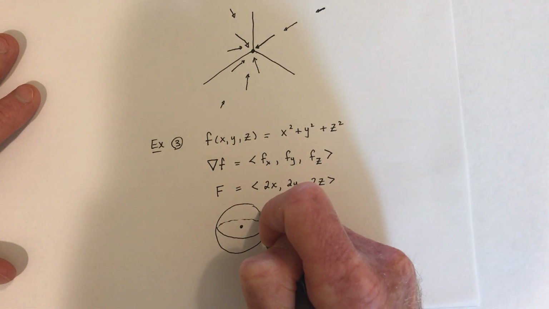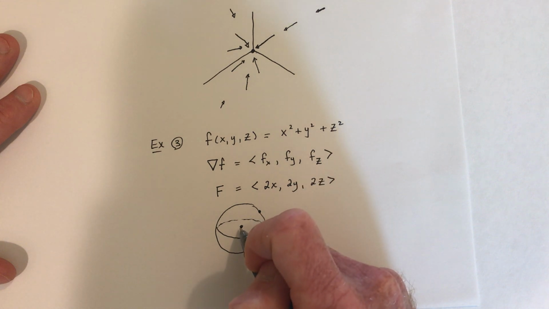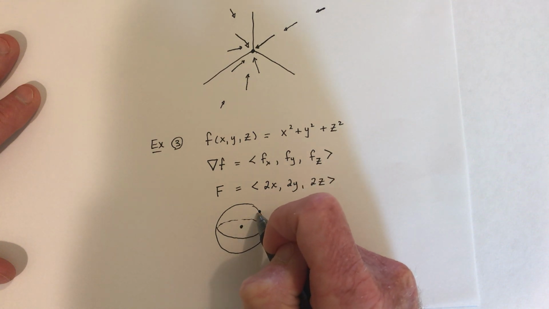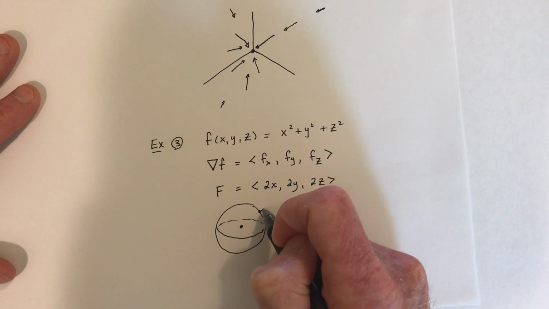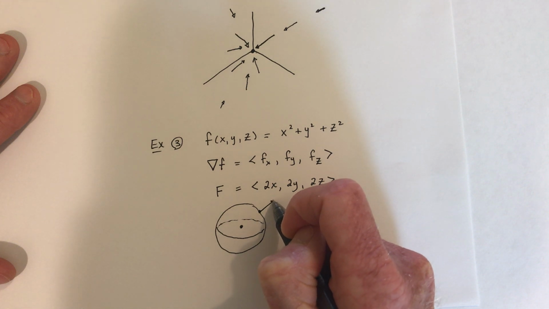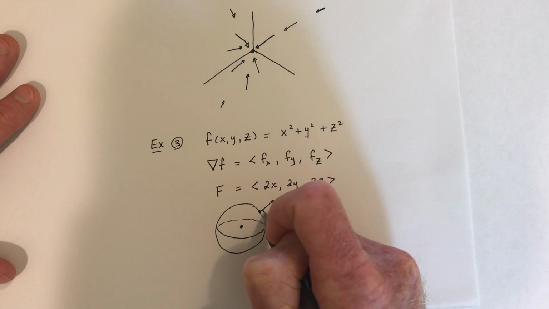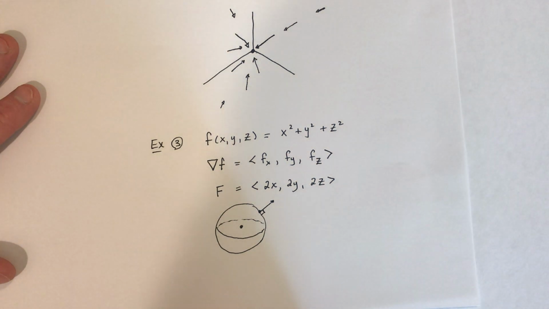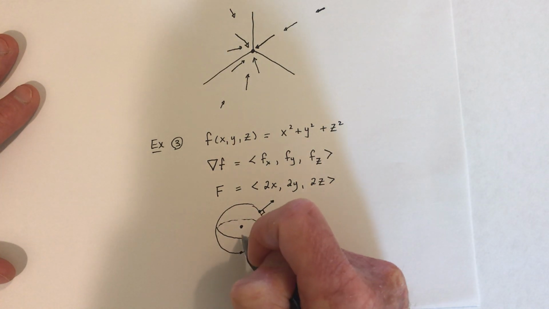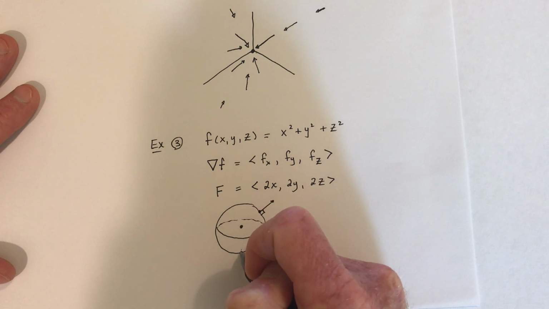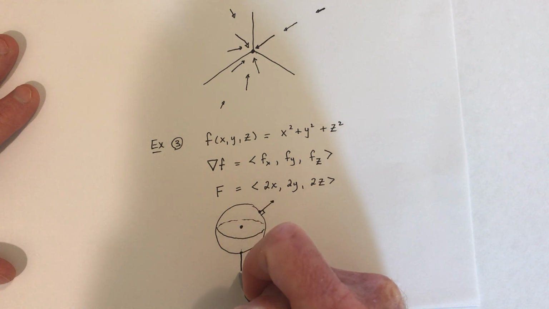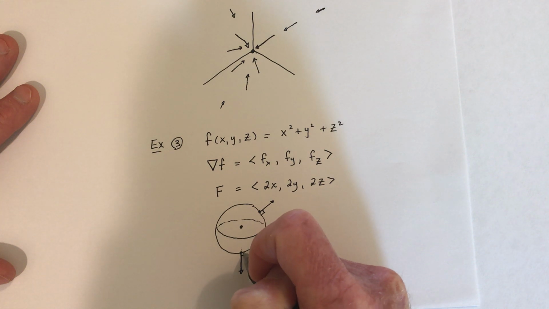So if you're at some point right here, then the vector is going to go in this direction, but it's going to start at this point, so it's going to go like this. And it's going to be perpendicular to the surface of the sphere. So if you're at this point, then go along this line and then make that vector, and it's going to be perpendicular.